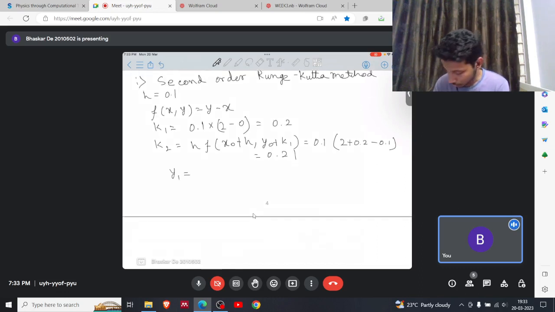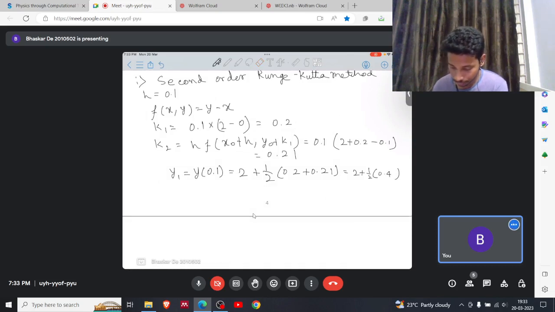So y1, y at 0.1, gives us 2 plus half of (0.2 plus 0.21), so 2 plus half of 0.41, equal to 2.2050.